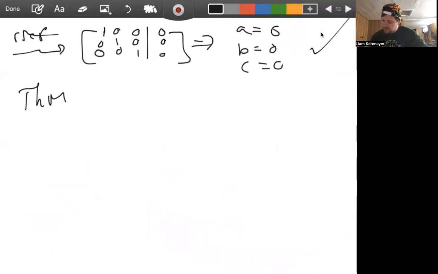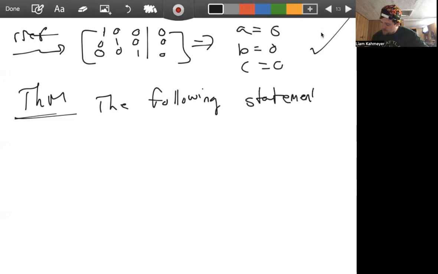And so there's the following theorem that lists what it means to be linearly independent. Let's say the following statements are equivalent.